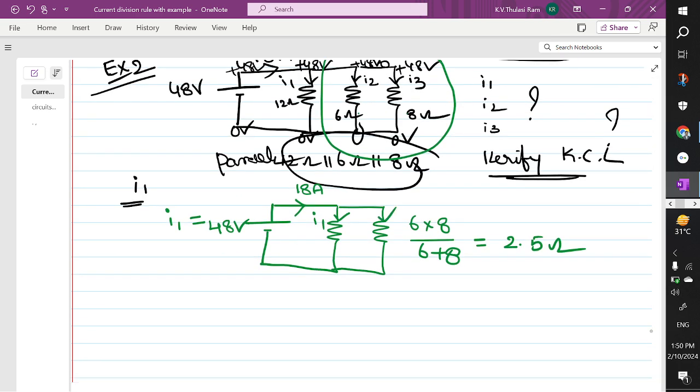Now you have only two branches. How to find the current I1?